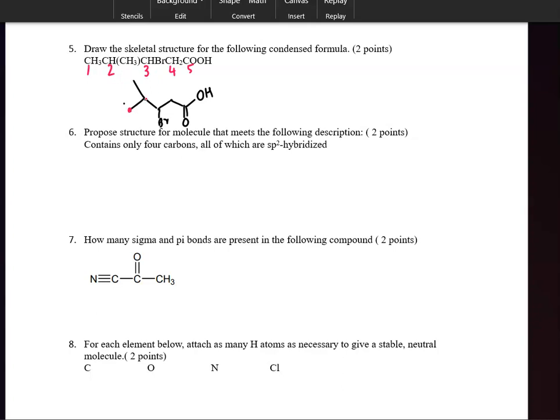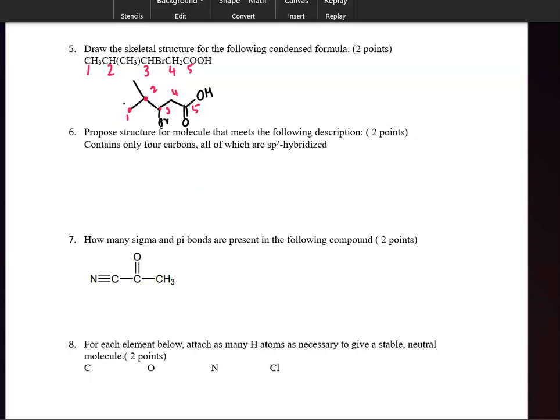So 1, 2, 3, 4, and 5, right? If you look at the third carbon atom, we had a Br, so that's why I put the Br here. And the second carbon atom, there was a branch, so that's the branch that's coming out here. Okay. So sometimes numbering might help so that you don't lose track of the carbon atoms in this structure.